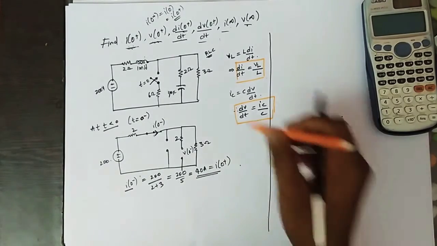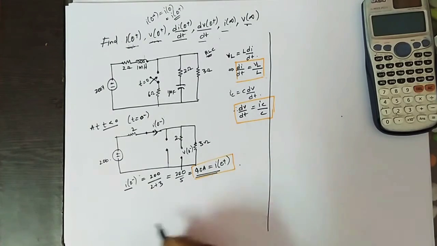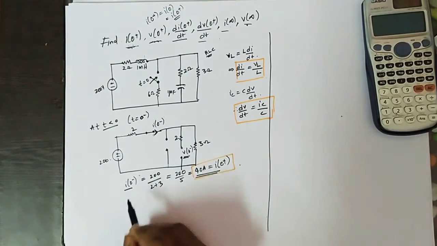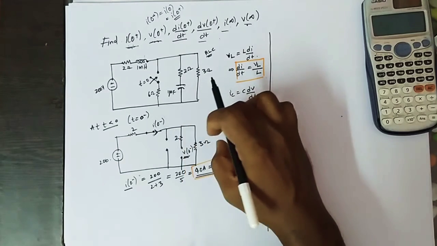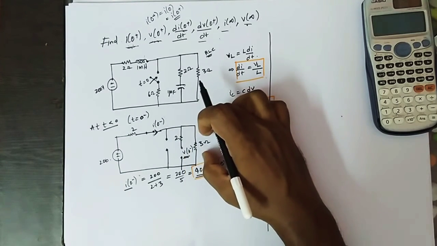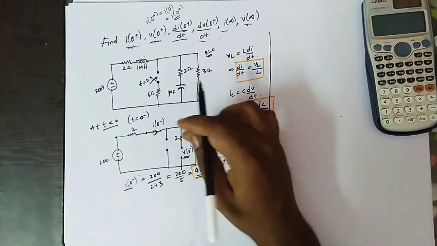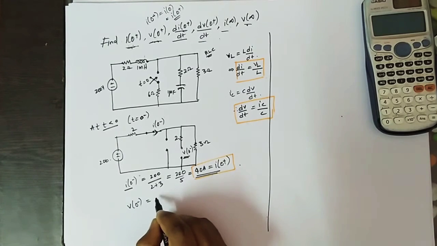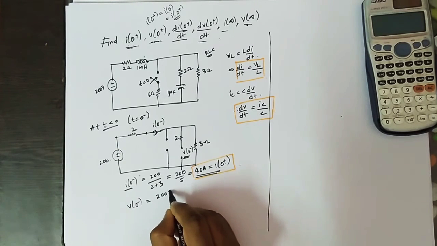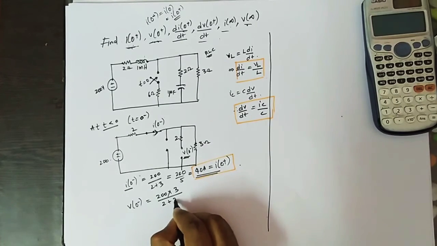That means you got i of 0 plus. This part is complete. Now v of 0 minus: the voltage across 3 ohms will be equal to the voltage across this open circuit. By the voltage division rule, v of 0 minus is 200 into 3 by 2 plus 3.